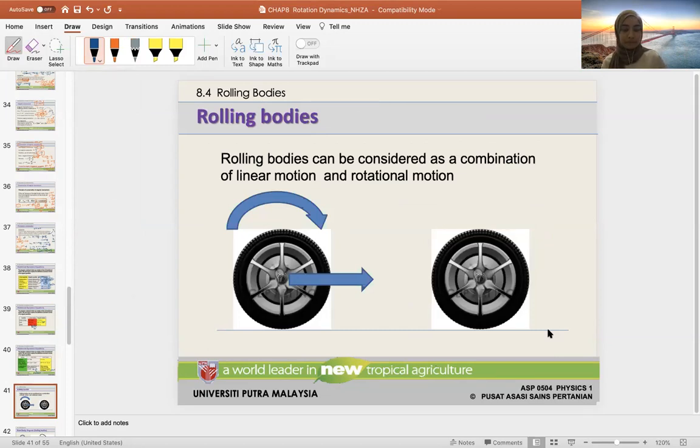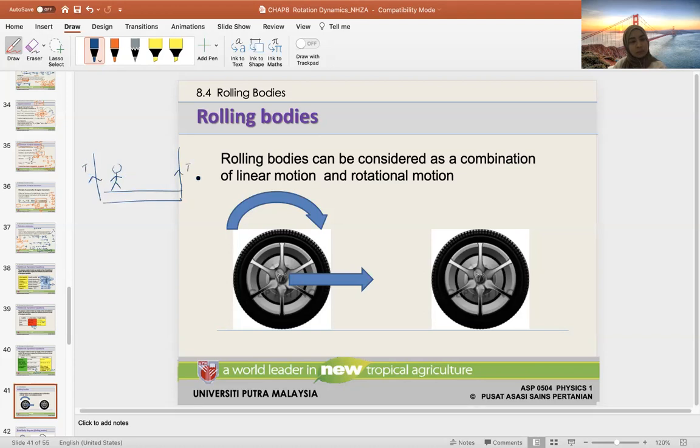Dr. Nat, before we enter rolling bodies, I have a question. It's based on a question web design. So there's a horizontal plank, and then there's this guy standing on the plank. To make it simple, let's have 2 strings, 1 string on the left and 1 string on the right. And each string has a tension that makes this entire plank string system in equilibrium. We know his weight is acting downwards.